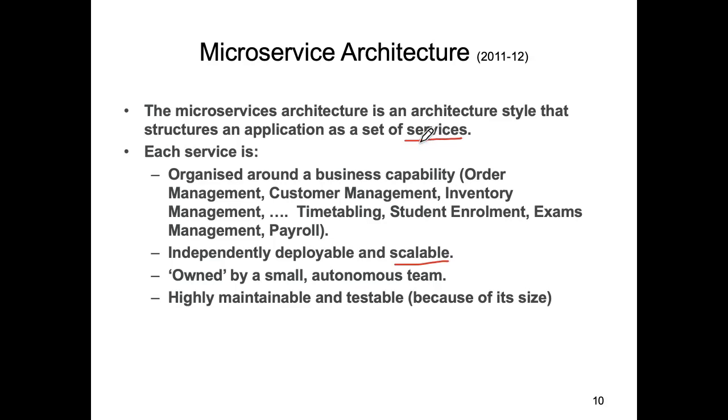A service is certainly smaller than an EC2 instance. It's probably larger than one Lambda. Typically, it might be a Docker image. Don't know if you've covered Docker anywhere along the line, but it's larger than a Lambda typically. It might be a small subset of Lambdas that collectively implement some business capability.